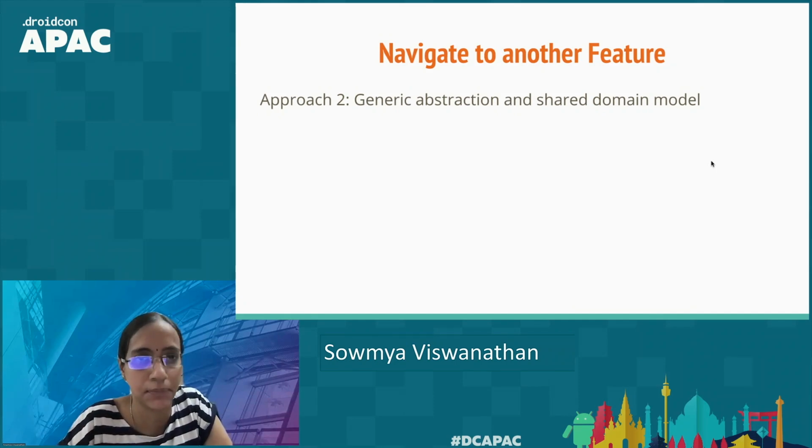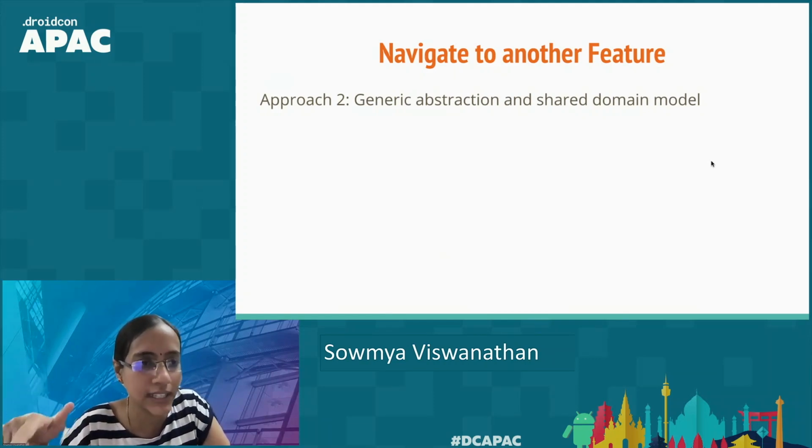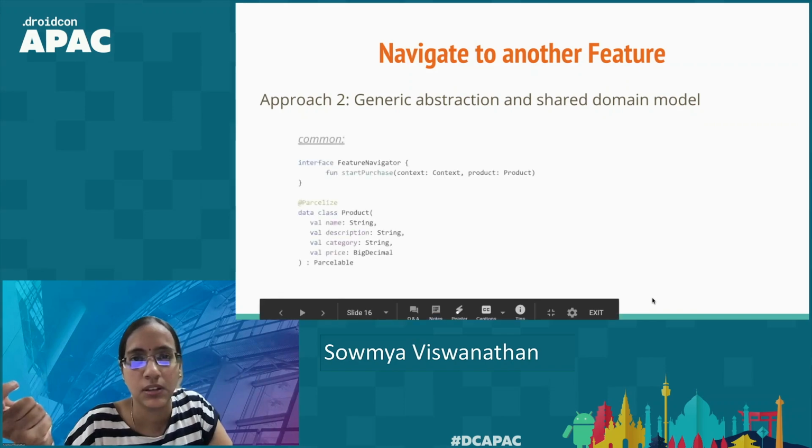But to make this happen, all the navigations and all the domain models should be accessible by all the feature modules. If we remember our architecture diagram, the library module is one of the places which guarantees that all the features can access them. So in our common module, we can define a navigator.